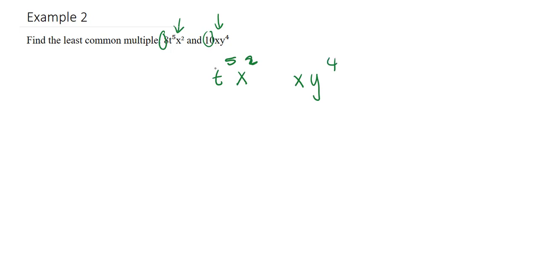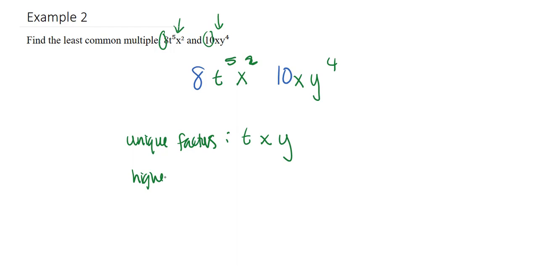So we don't forget, we're going to put 8 and 10 here, but we're just going to look at the variables. So let's find all the unique factors. The unique factors are going to be t, x, and y.